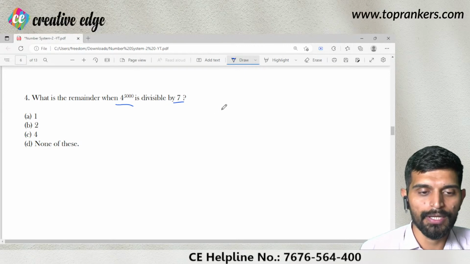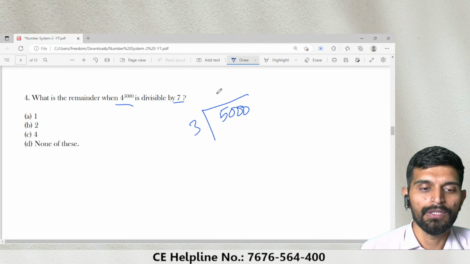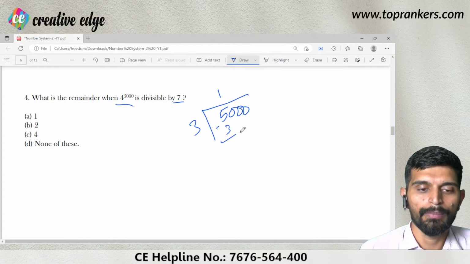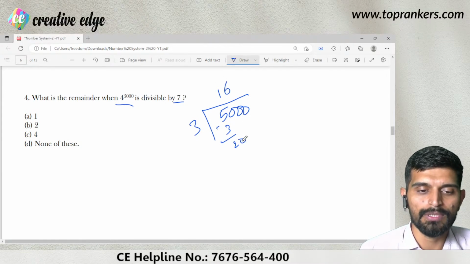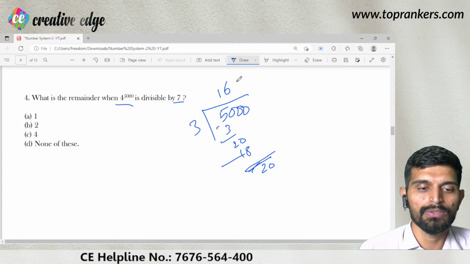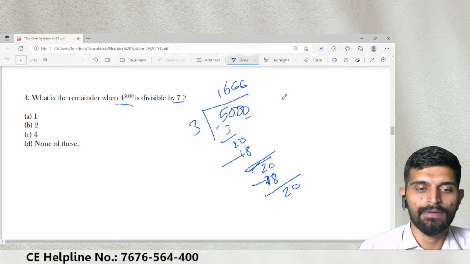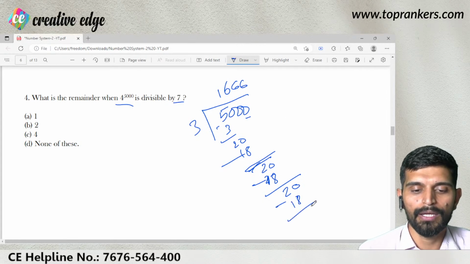So let's consider it. 5000 when divided by 3: 3 ones are 3, remainder 2, 0, 6 times. Again 2, 0, 6 times, and at the last, once again, we'll have this and remainder 2.